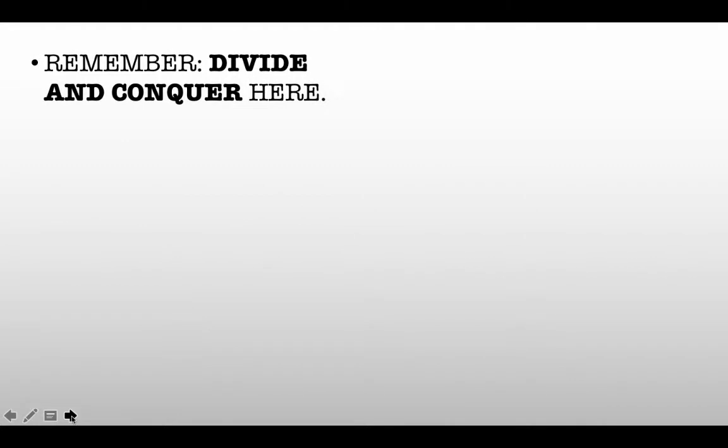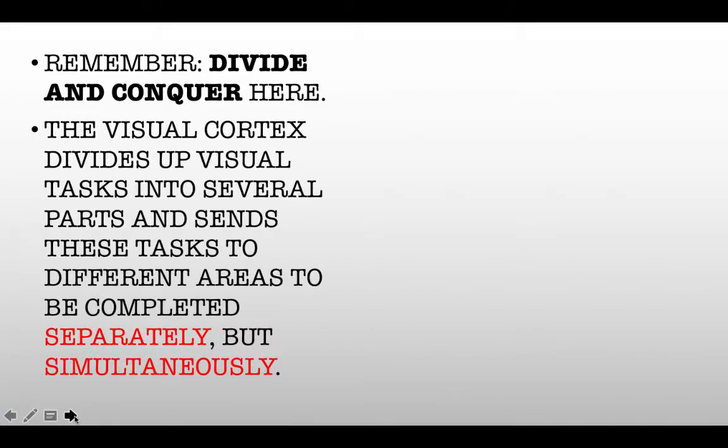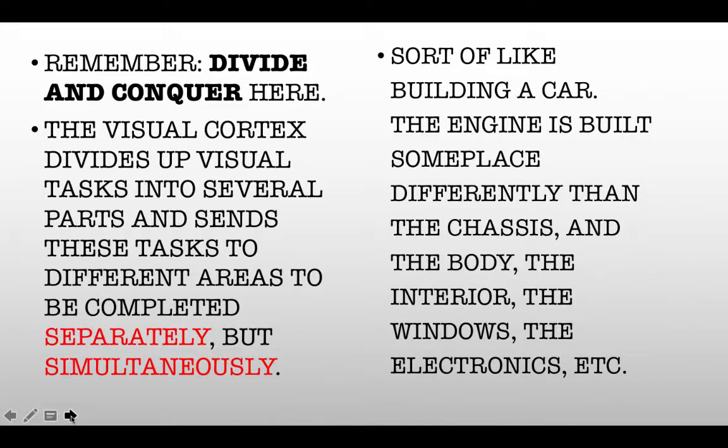And what divide and conquer basically means is our visual scene is divided into several different simpler aspects, and each one of those aspects of a visual scene is processed in a different area in our visual cortex at the same time and then brought together for recognition. So separate but simultaneously. This explains how we can do things so incredibly fast visually.